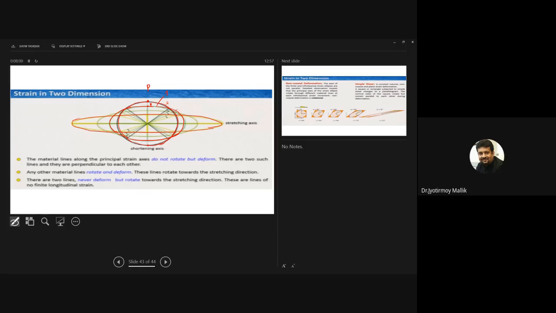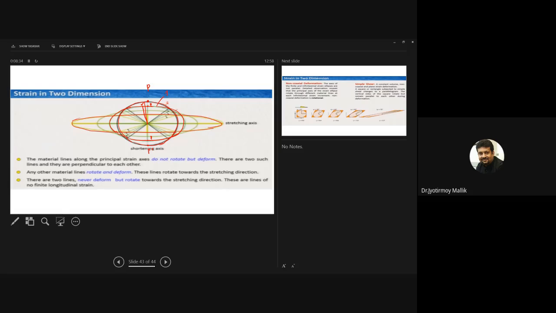P dashed goes to P dashed. Say, for example, this line is simply shortened. But what happens to a line which was here? That line, you would see, comes somewhere here. So there is a slight rotation.